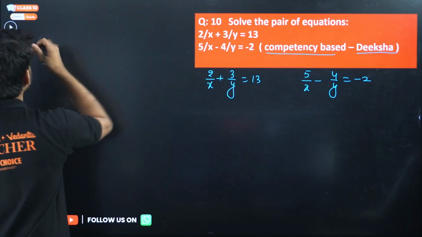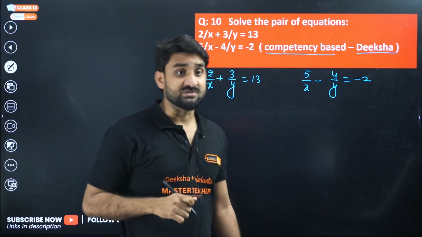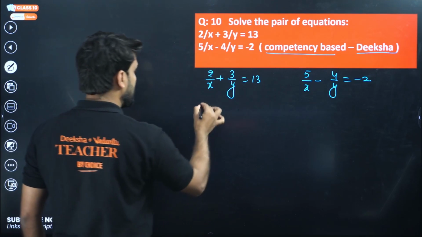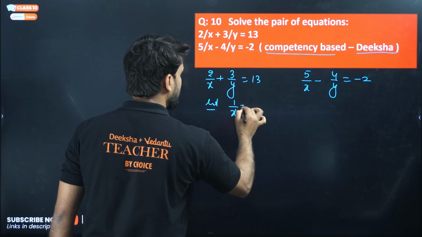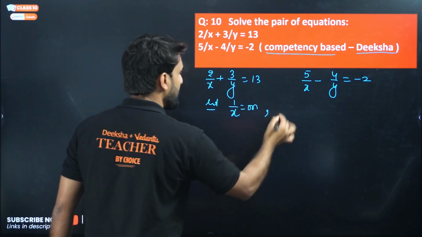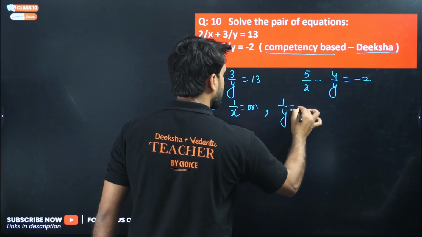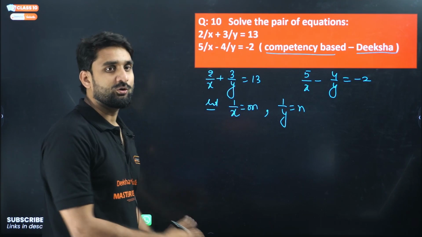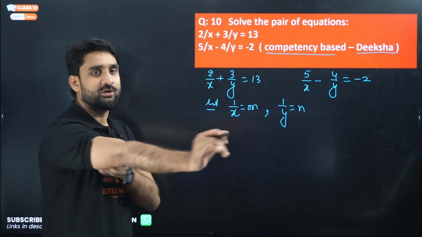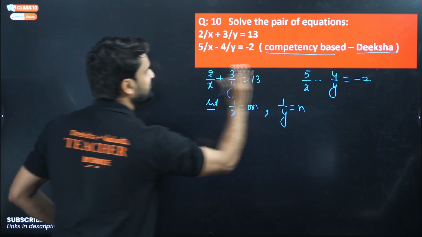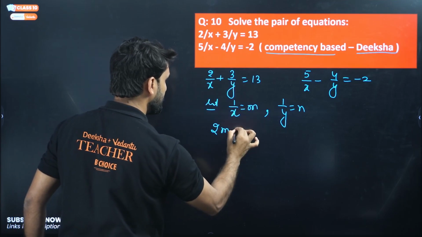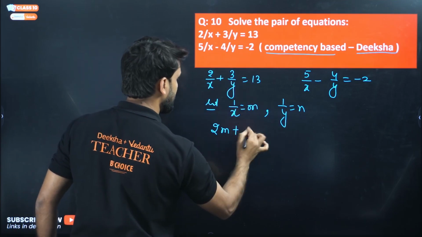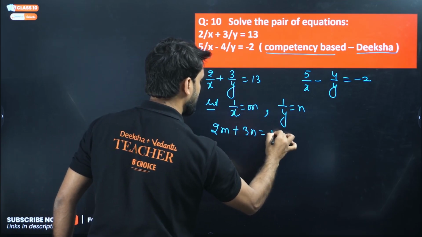You have to modify the equations first. So how can we modify? Let 1 by x be m, and 1 by y be n. This is called reduction to a linear equation. So can we write these two equations now? 2 into 1 by x, which is m, 2m, plus 3 into 1 by y, 3n, equals 13.